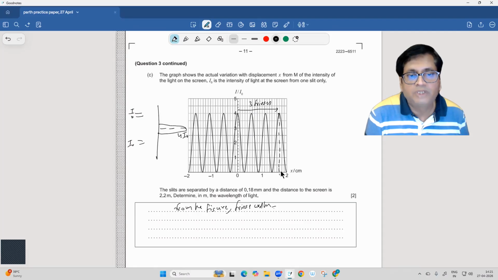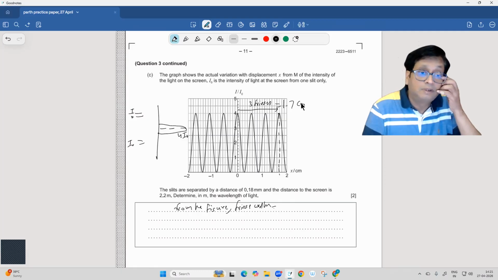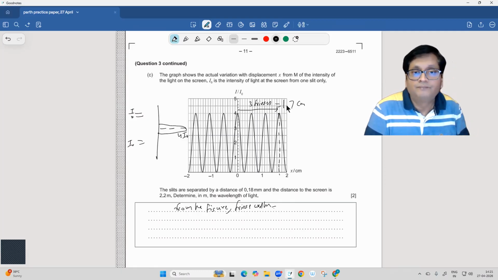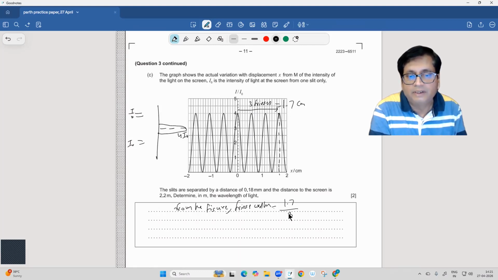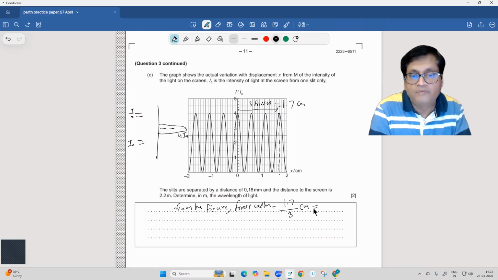So this is 1, 2, 3 parts. 1.7, right? So this is equal to 1.7 centimeter, nearly, for 3 fringes. So what is the fringe width? 1.7 by 3 centimeter, or we can say 17 by 3 millimeter, right?